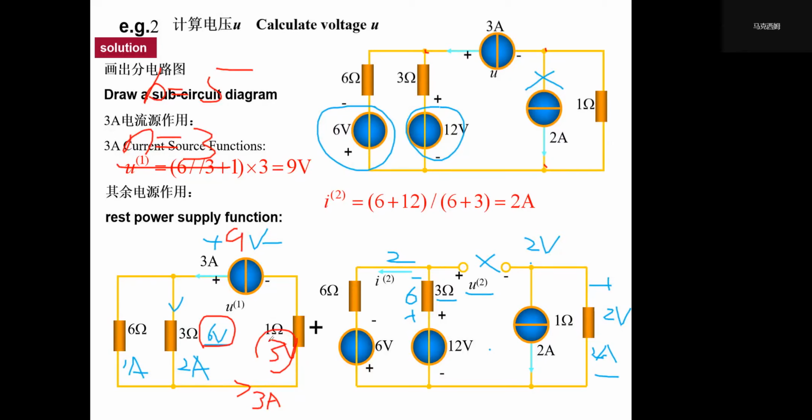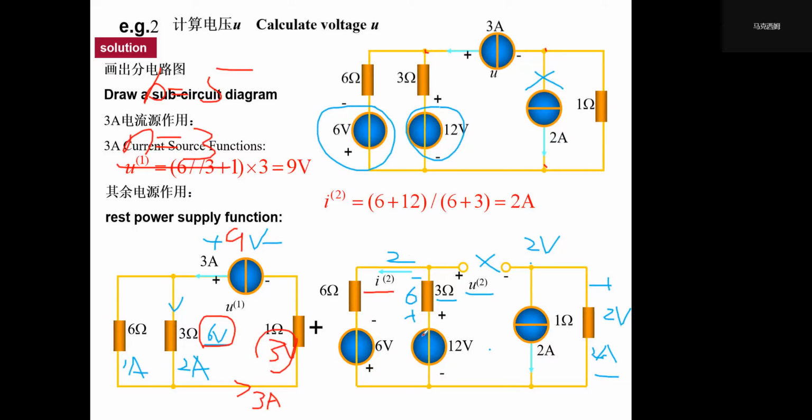And since we have the 6 and 3 equivalent to this 6 and 3, we know this I2 equals 2 ampere, and this part is 2 ampere. And we can calculate that this 2 ampere times 3 ohm is 6 volts, and its direction is different from the 12 volts.